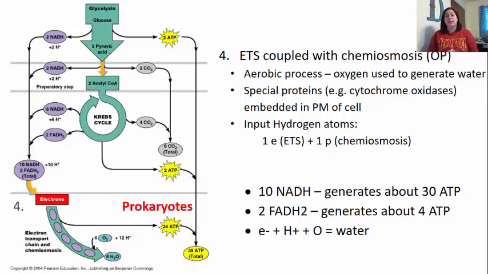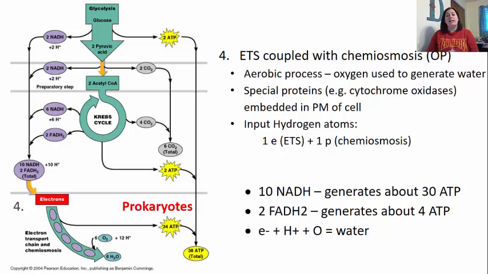There are special proteins that are going to help this process happen. One example is the cytochrome oxidases. These guys are embedded in the plasma membrane of the cell when we're looking at a prokaryotic cell. Input of oxygen atoms is going to happen here. So 1 electron into the ETS is going to bring in 1 proton. This is the chemiosmosis. It's moving those protons.